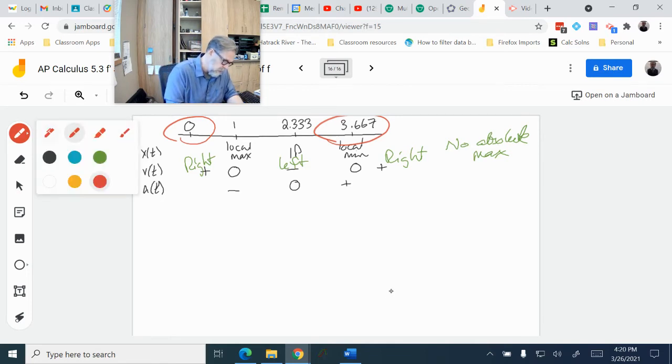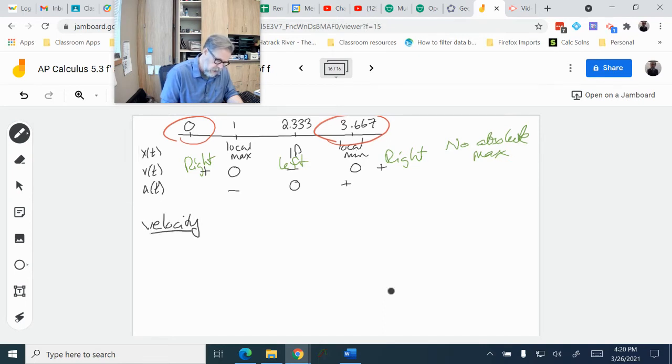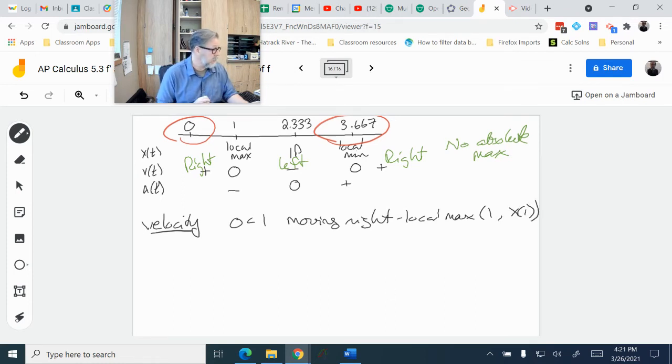So let's write down what we've got here. Velocity, what do we know? Well, we know that in the interval 0 to 1, the particle is moving right, and it reaches a local maximum at 1 comma x of 1. I didn't calculate these in advance, so I'm not going to.